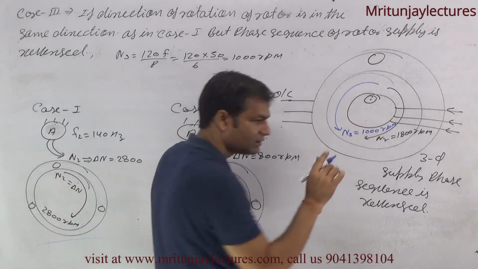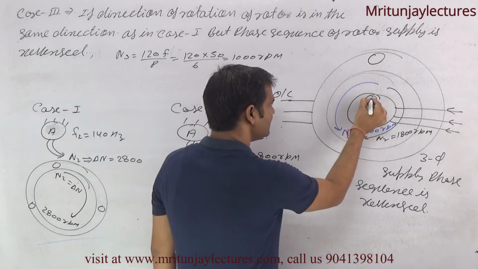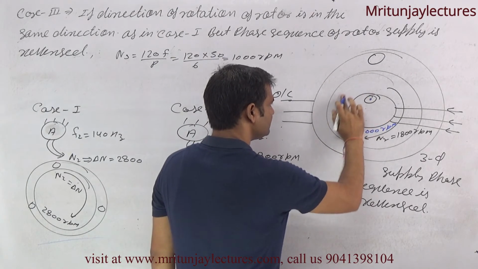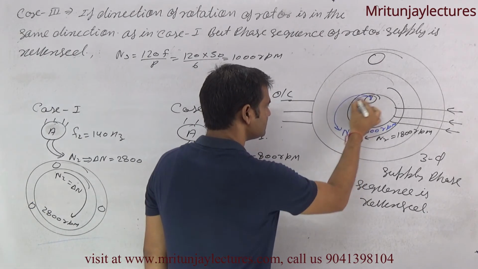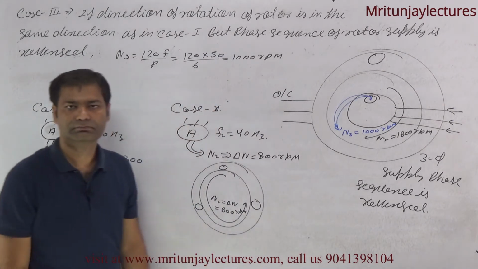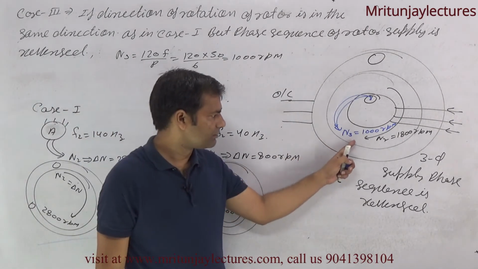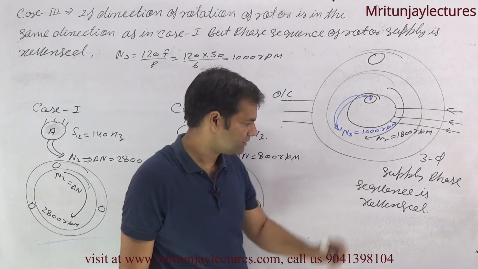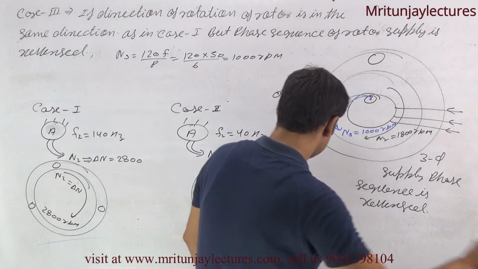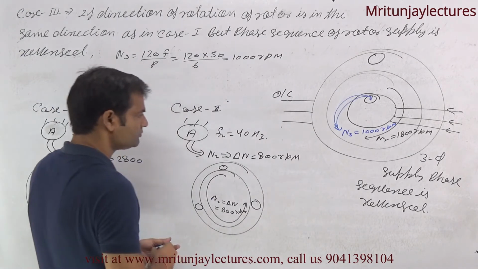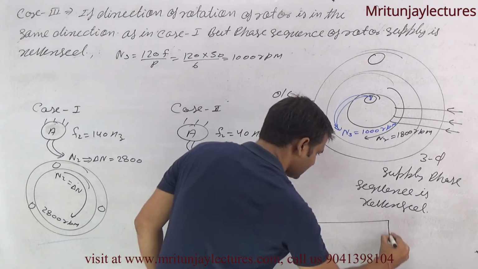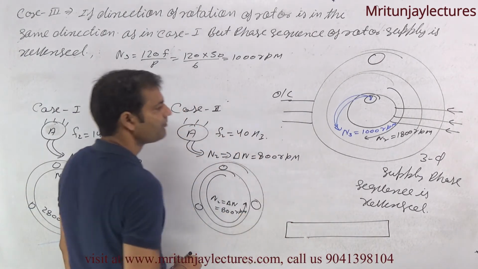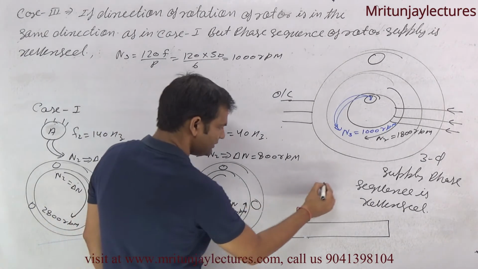So if you sit on the rotor winding, this looks like, if this one is clockwise, this one is anti-clockwise. Clear? Now make the linear diagram. This is the stator.